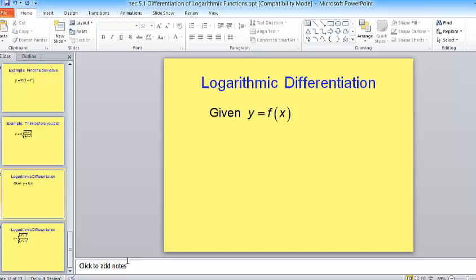So given a function, what you do is you first take the log of both sides, and then take the derivative. Okay? So here's the game. I have y equals f of x. And again, this is how I'm going to do it, it's called logarithmic differentiation.